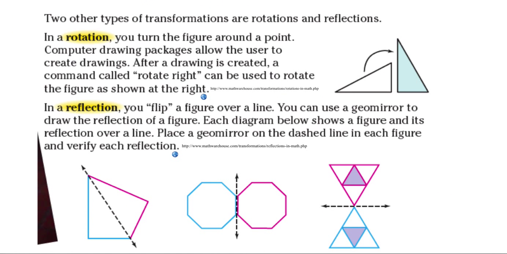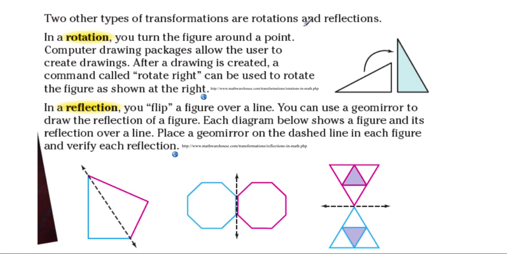So let's look at another transformation. This is now a rotation. Definition of rotation: you can turn the figure around on a point. Computer drawing packages allow a user to create drawings. After the drawing is created, a command called rotate right can be used to rotate the figure as shown at the right. When we rotate the figure, we need to find a rotation point, a center of rotation.